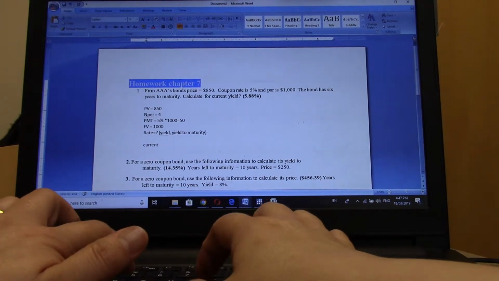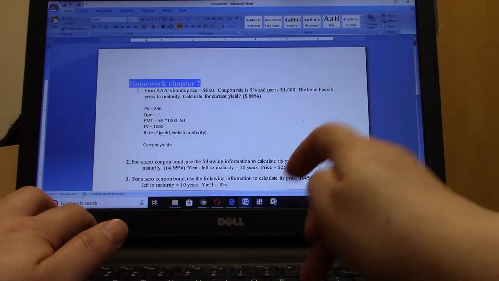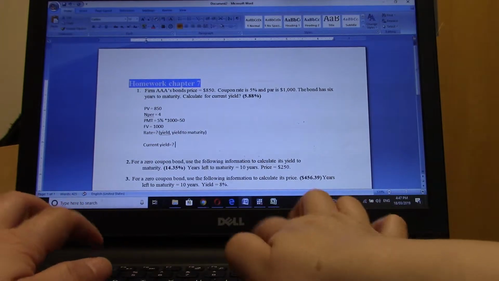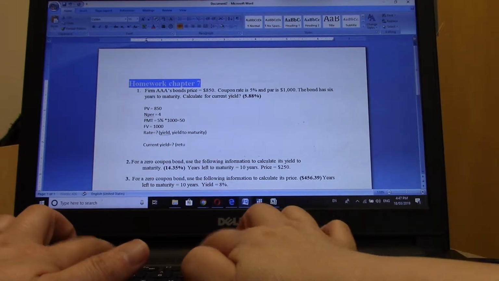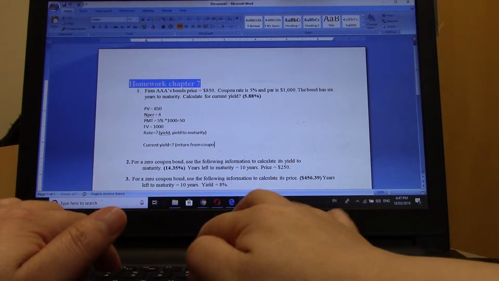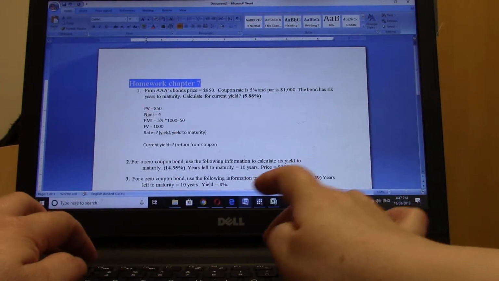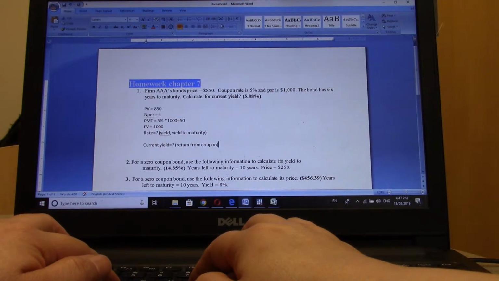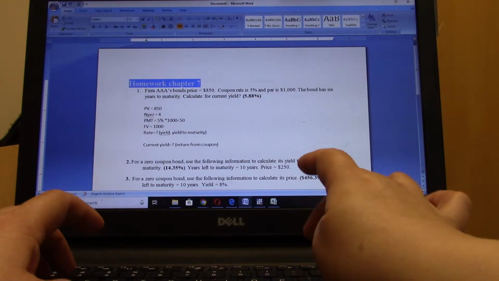Another word for current yield is just the return from coupon. It's just like you pay $850 for this bond and your coupon is $50. How much is your return?